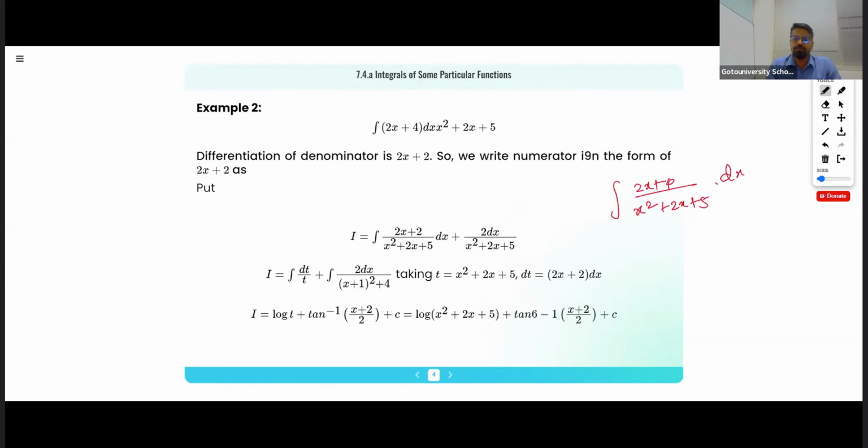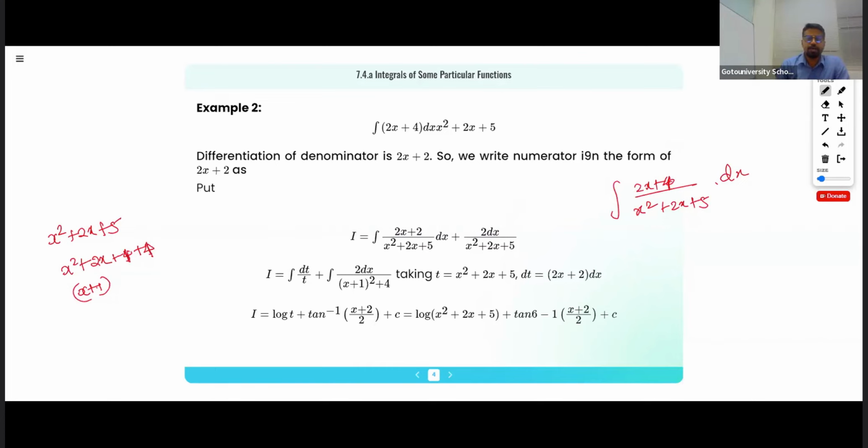This is the question. First I need to write the numerator and denominator in the form of x square plus a square or x square minus a square, all right? So I'm going to take the denominator, x square plus 2x plus 5, which can be written as x square plus 2x plus 1 plus 4.